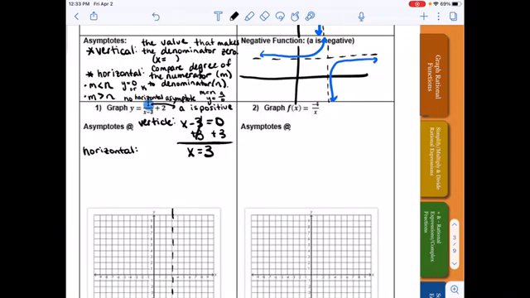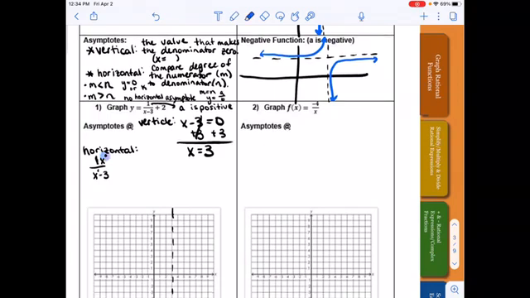Okay? To find the horizontal asymptote, we go ahead and compare our numerator and our denominator. So I compare 1 over x minus 3. Now, if there is no x, this actually has a degree of 0. And this, because there is an x but no exponent, has a degree of 1.